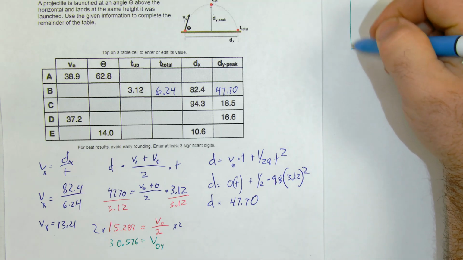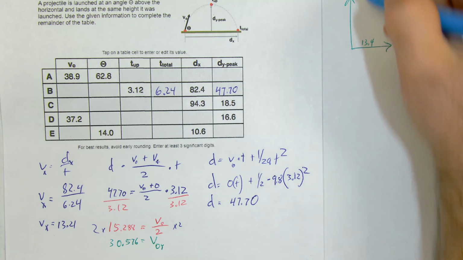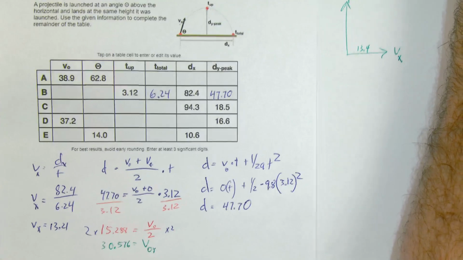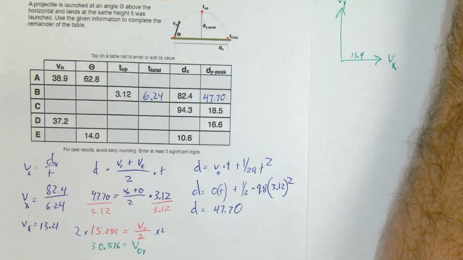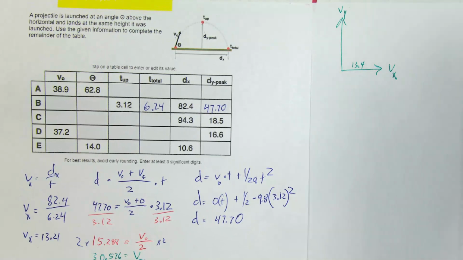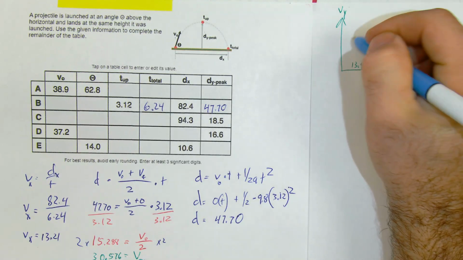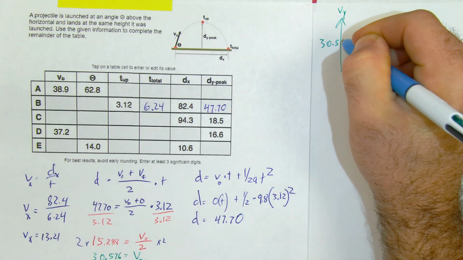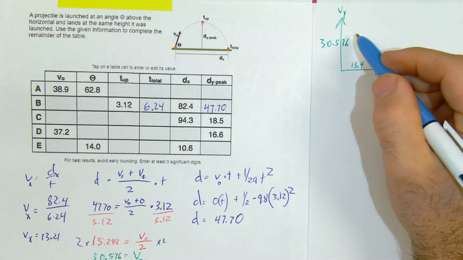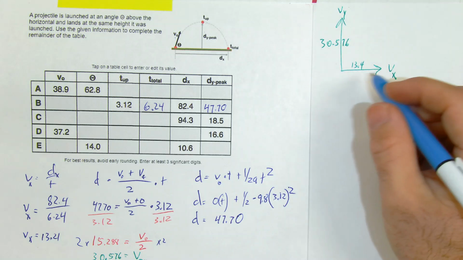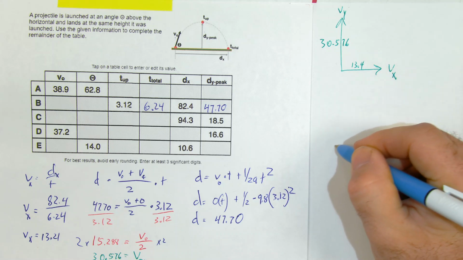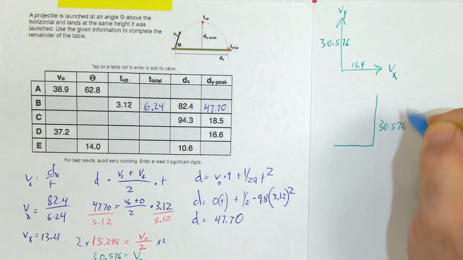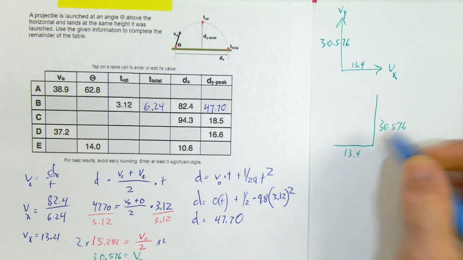And then the velocity on the y is what we just found, to be equal to 30.576. And so this essentially makes a right triangle. Should be sort of familiar with this by now.